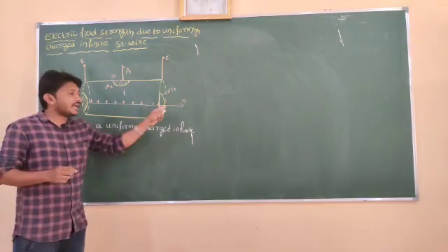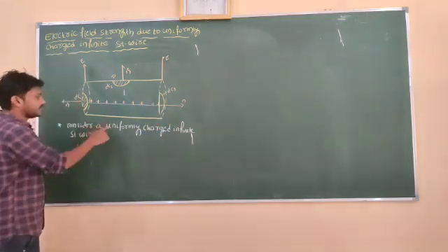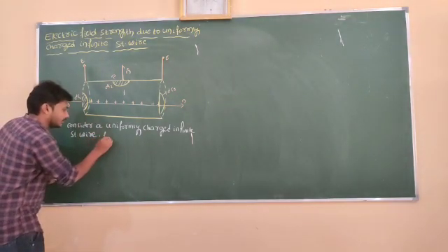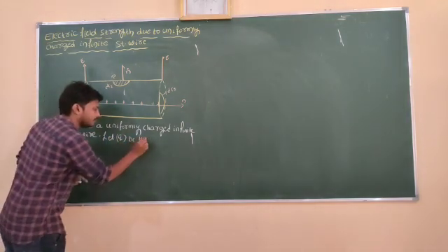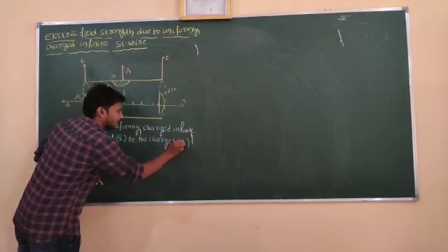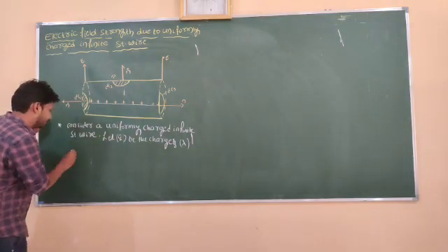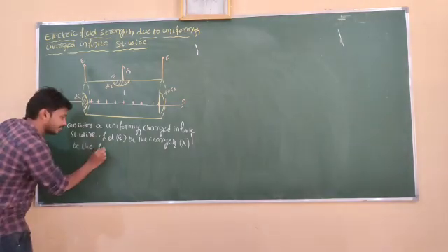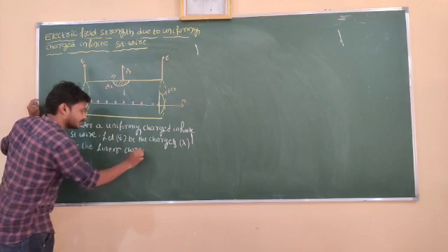Since it is a wire, the density is called the linear charge density. Let Q be the charge, and the linear charge density is represented by the symbol lambda.